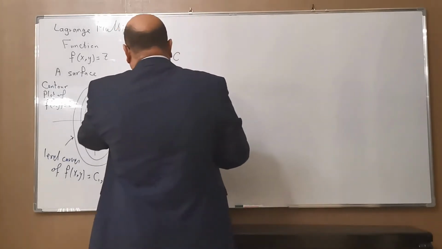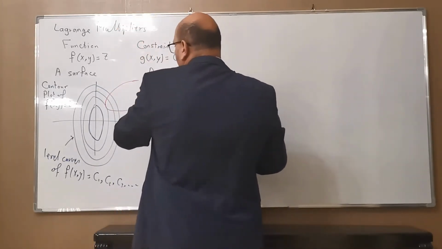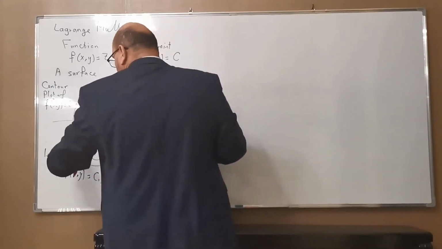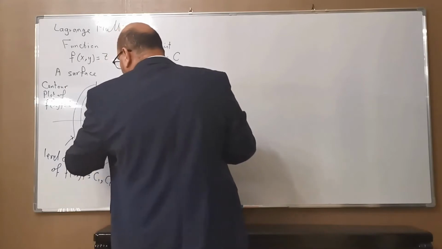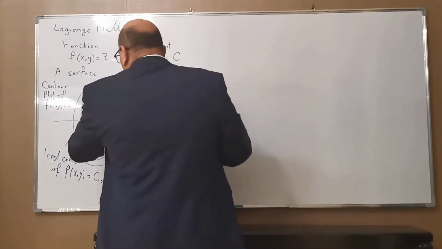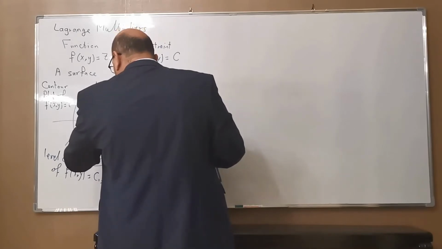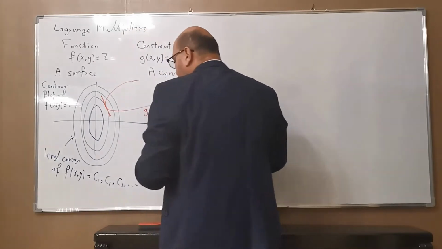Notice that the level curve here, or the curve of the constraint, touches the level curve of f of x at a certain c. Now those two curves here, they exactly have the same slope. So their slope is equal.